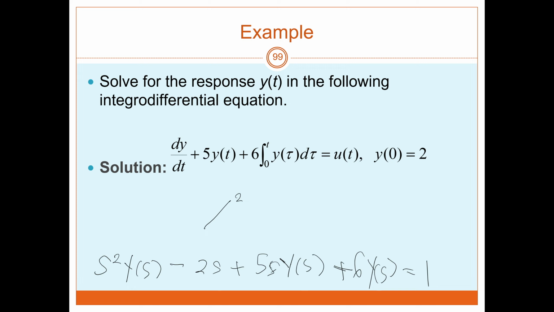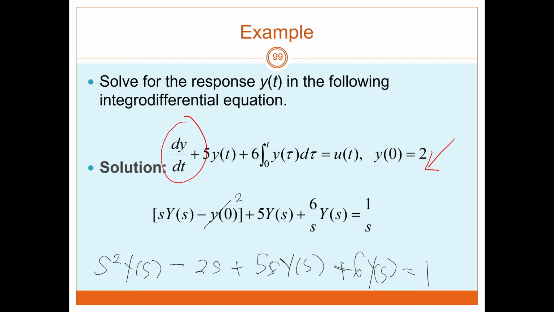All right, another one is dy over dt plus 5yt plus 6 integration of y tau d tau equivalent to ut. It also gives you the initial condition y0 equal to 0. So for this one, dy over dt will become sys minus y0.